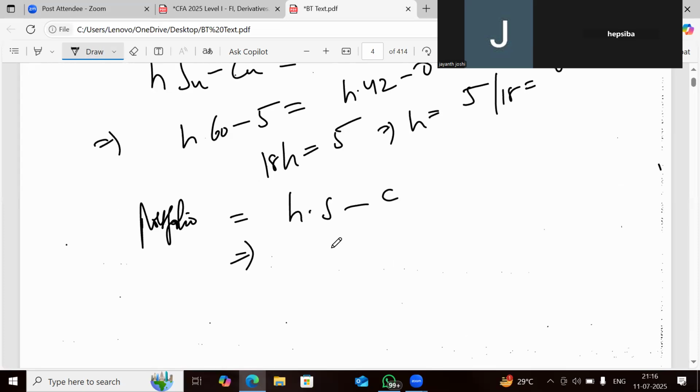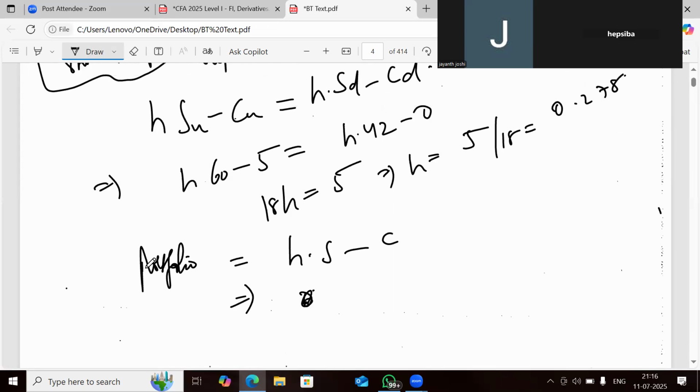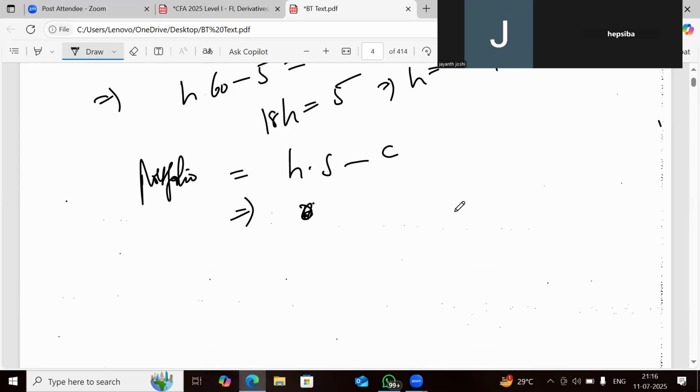So hedges to 0 point. So we have proved that point. Same payoff. Okay, stock up and stock down. We have already found out the values, right? Hedge ratio we have calculated. Okay, we'll do that now.